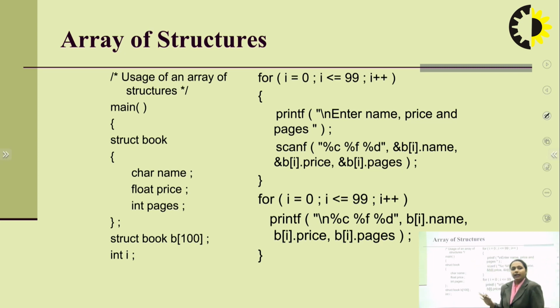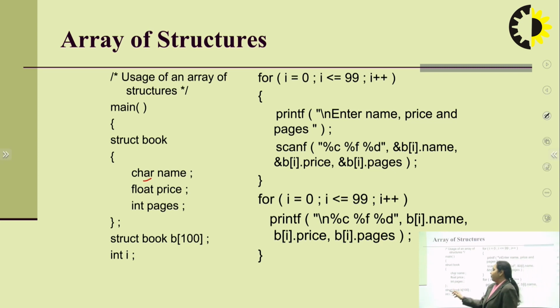So how do we declare an array of structures? For this particular example, we have taken the example of a book. For a book, the important fields can be name, price and pages. For example, the name of a book can be of character type, price can be float and pages are integer type.